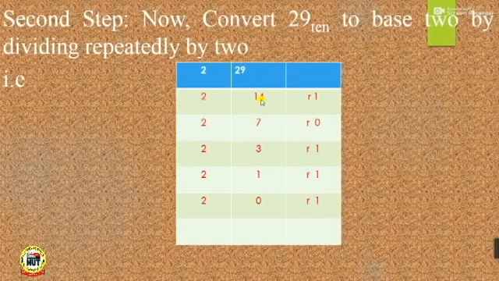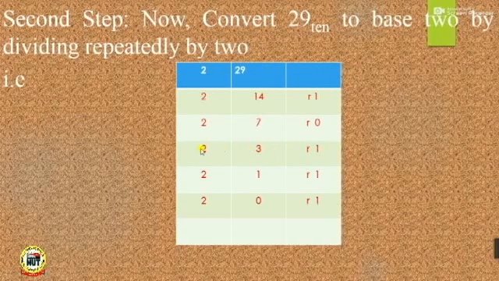So we're going to divide this 14 by 2 now. 14 divided by 2 gives us 7. There's no remainder, so write remainder 0. Now 7 divided by 2 will give us 3, with a remainder of 1. That's why we have this 1 here.